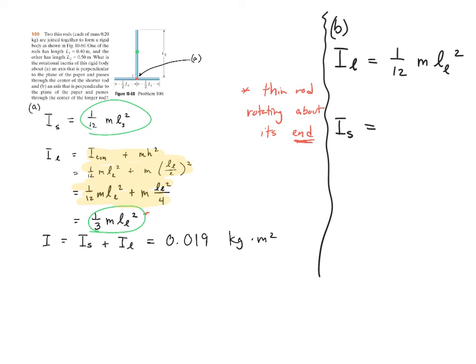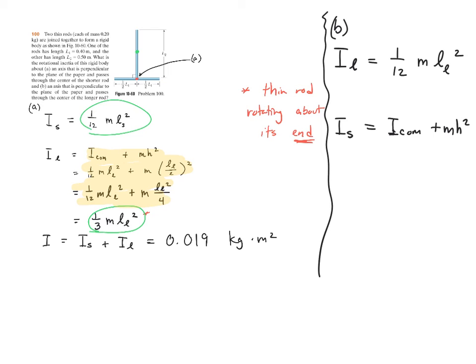So if it's rotating about an axis that's not its center of mass, what theorem do we use again? The parallel axis theorem, yes. Okay, thank you again. So it is the I center of mass plus mh squared, and this again is for the shorter rod.